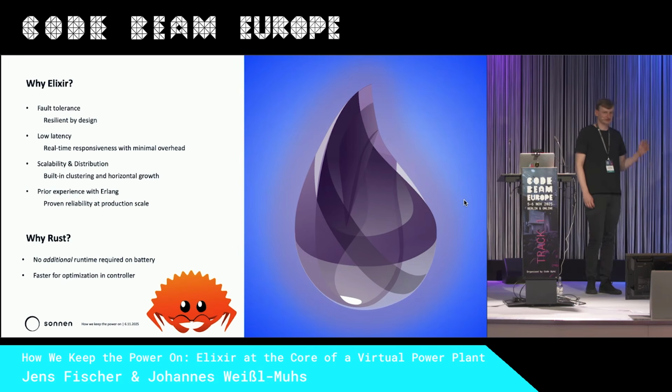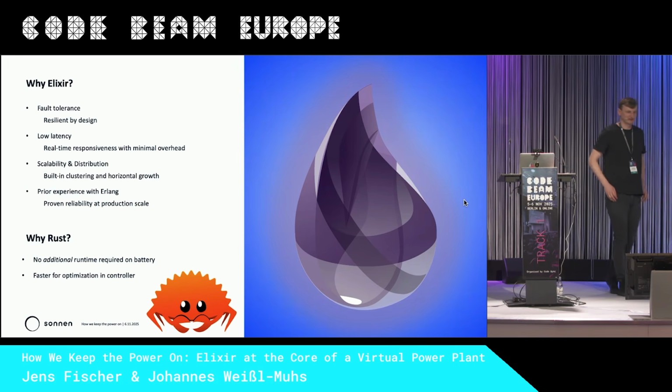And on the controller, the signal processing is in Rust for speed reasons. But to put it into perspective, it's 200,000 lines of Elixir and 30,000 lines of Rust. So the system is an Elixir system with small parts in Rust. Next slide.